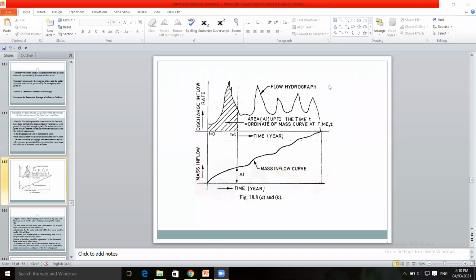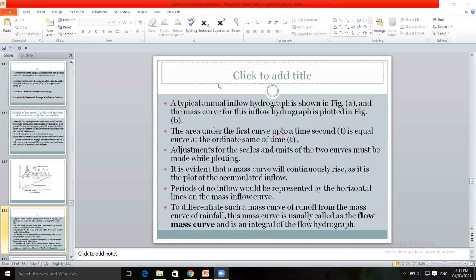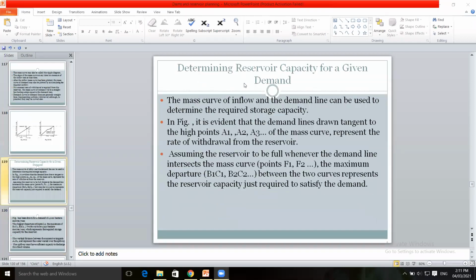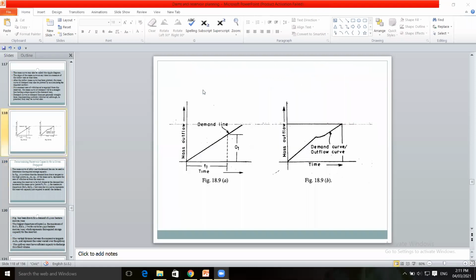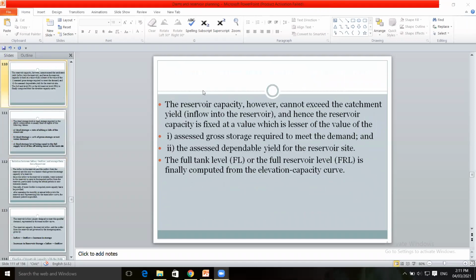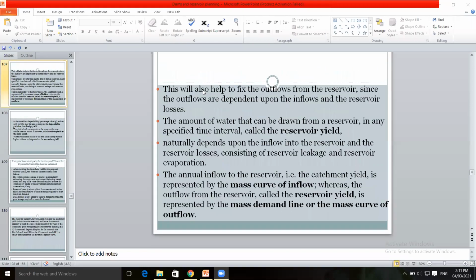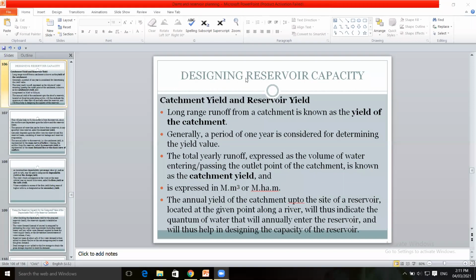There are various methods of measuring the storage capacity of the reservoir, or by using the demand line, determining the reservoir capacity for a given demand. The first method is designing reservoir capacity by knowing the catchment yield and reservoir yield.